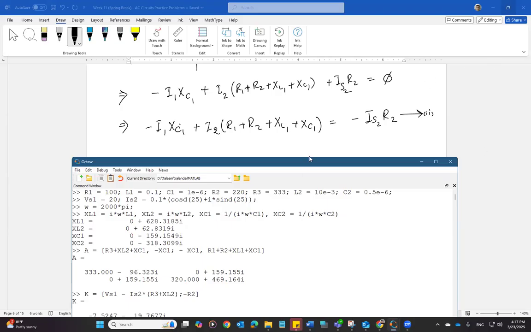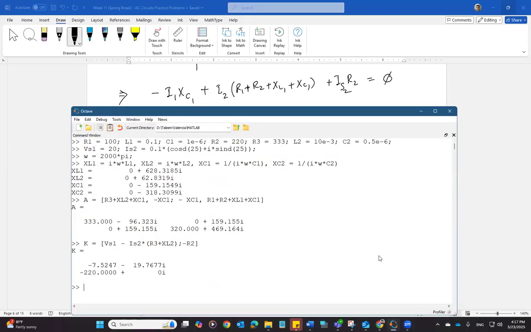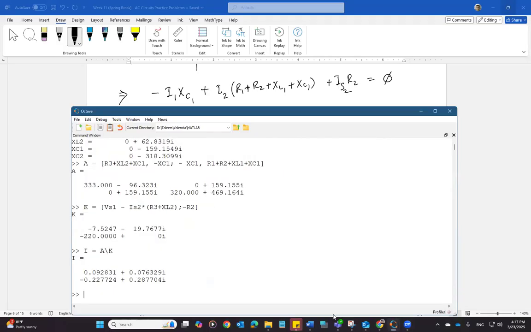So this is my constant vector on the right-hand side. And my current I, using the inverse matrix method, is A divided by K. So these are my two current values, I1 on top and I2 at the bottom.